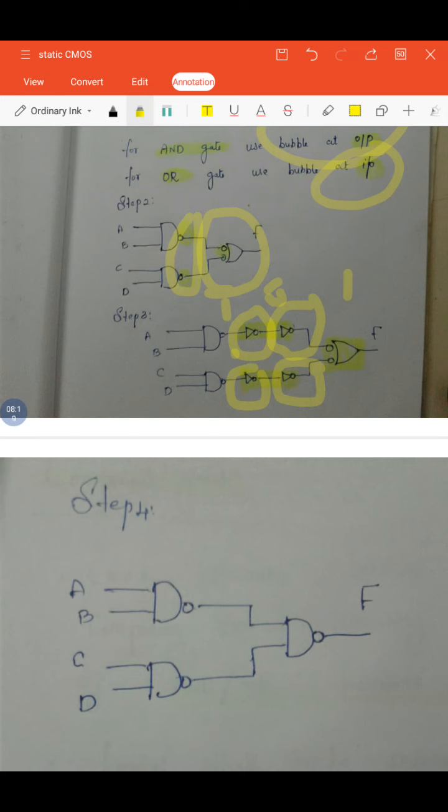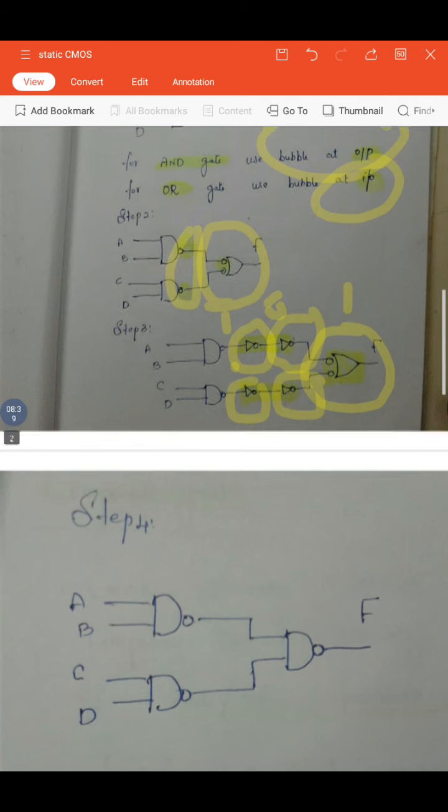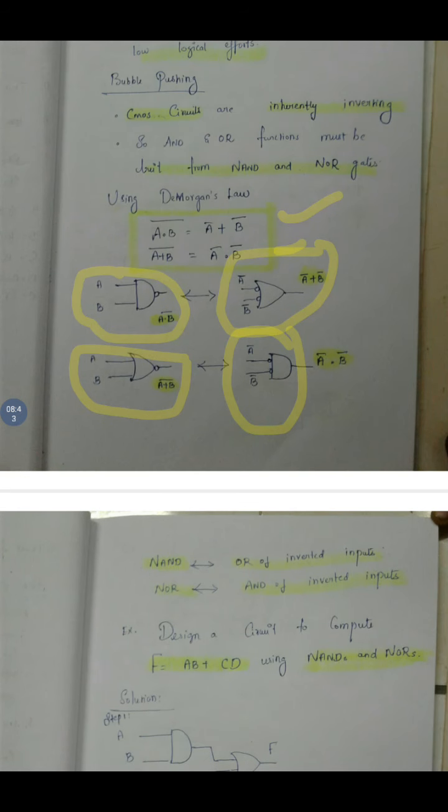And one more conversion here is this last gate. What is this gate? This is an input inverted OR gate, correct? The input inverted OR gate is equivalent to which gate? I have already told you, the inverted input OR gate is equivalent to a NAND gate.